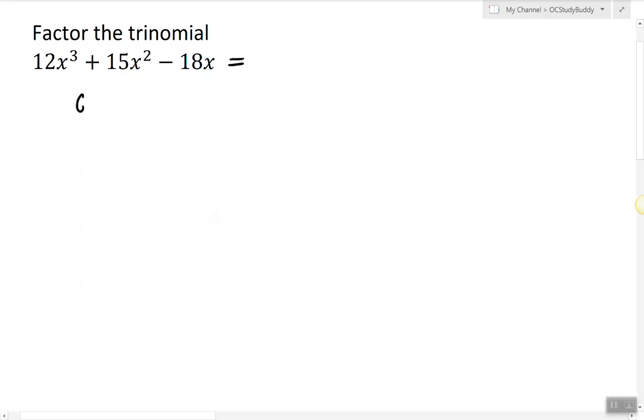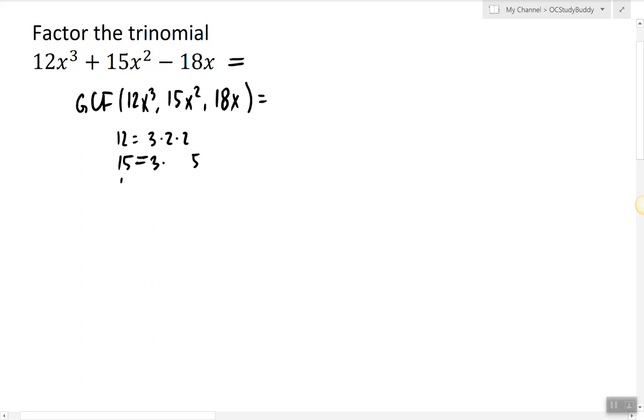So what do 12x cubed, 15x squared, and 18x have in common? Well, 12 is 3 times 2 times 2, 15 is 3 times 5, and 18 is 3 times 2 times 3.